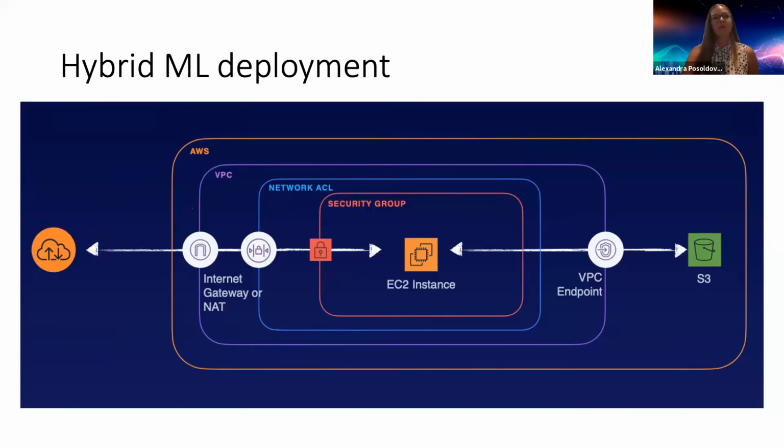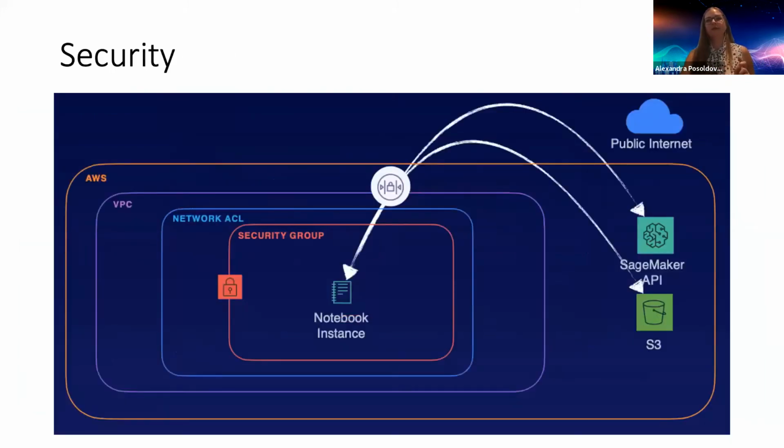Then one thing to keep in mind, this is an example for AWS, and the image is from a Cloud Guru study material for machine learning specialty. So one thing to keep in mind with SageMaker and SageMaker Notebook instances is that by default, it accesses the public internet for the SageMaker API and to access S3 buckets.